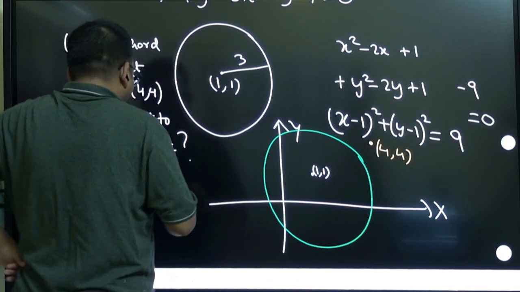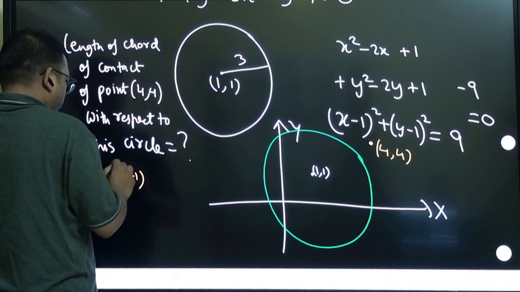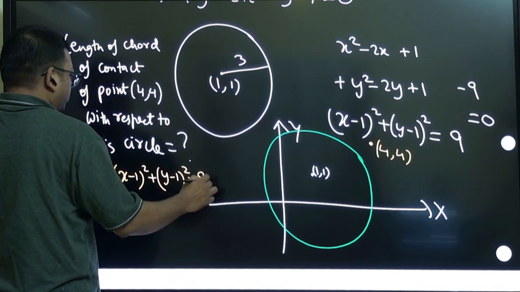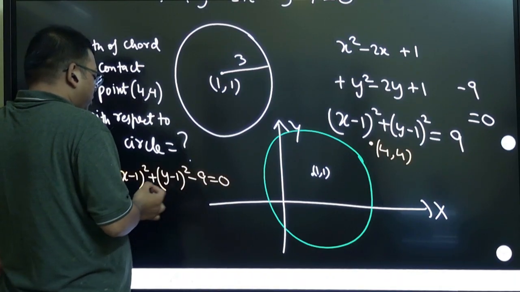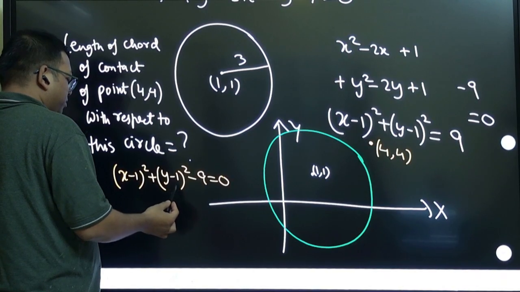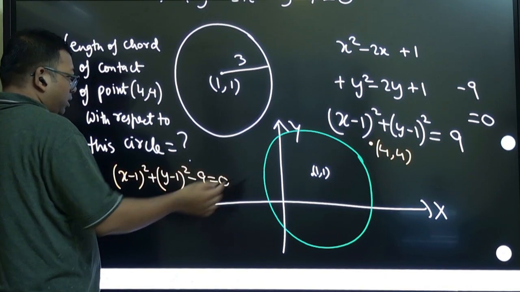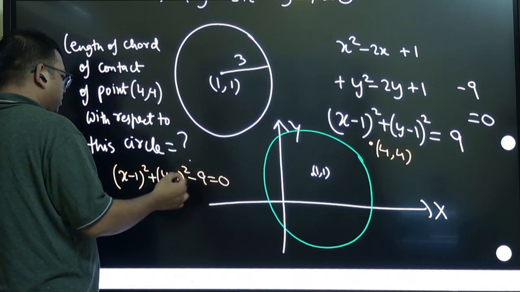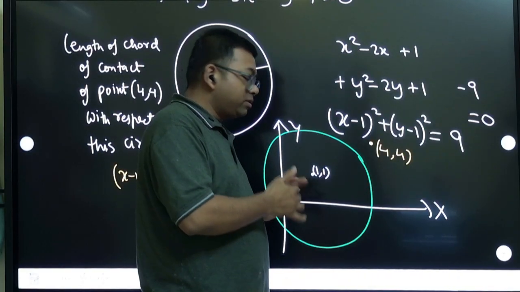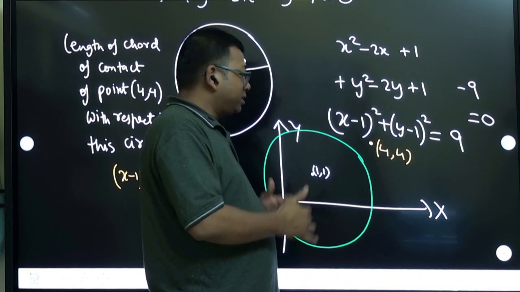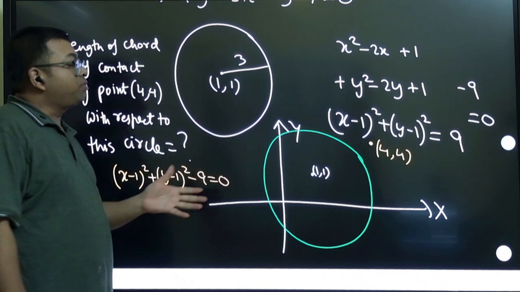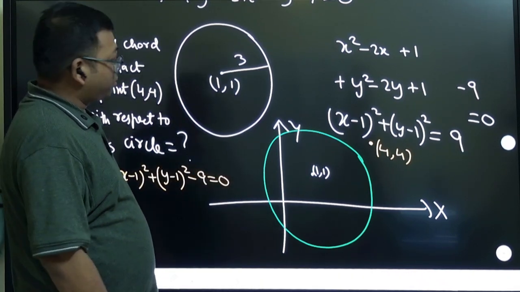Suppose you write the equation (x minus 1) whole square plus (y minus 1) whole square minus 9 equals 0. If you substitute the center (1, 1), it comes negative. Any point lying inside will give negative, and points lying outside must give positive. So if you substitute (4, 4), it will come positive. So (4, 4) is outside only.